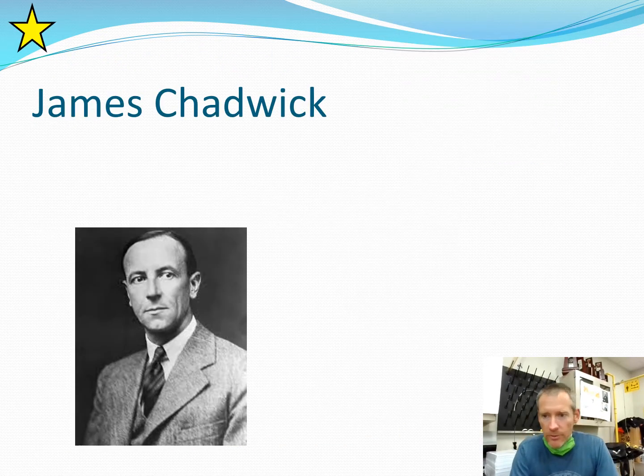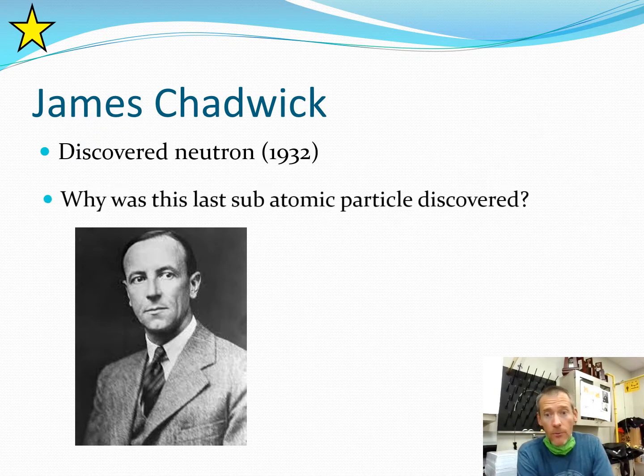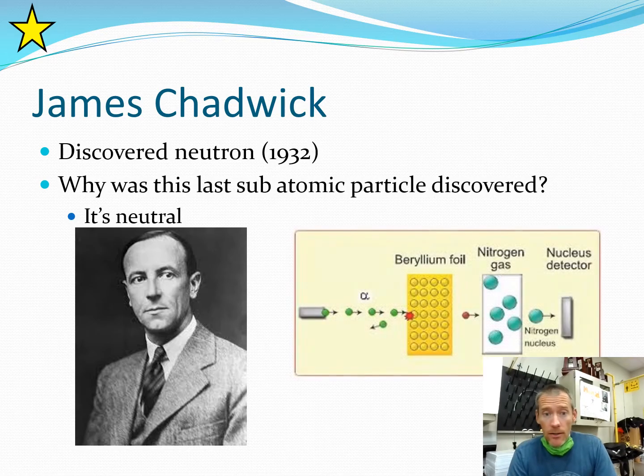The first thing we haven't talked about yet, the atomic particle we haven't covered, is the neutron. It's the last one to get discovered. Why is that? Because it's neutral. In 1932, Chadwick discovered it, again using foil, beryllium foil, which shot out and broke apart the beryllium atom.